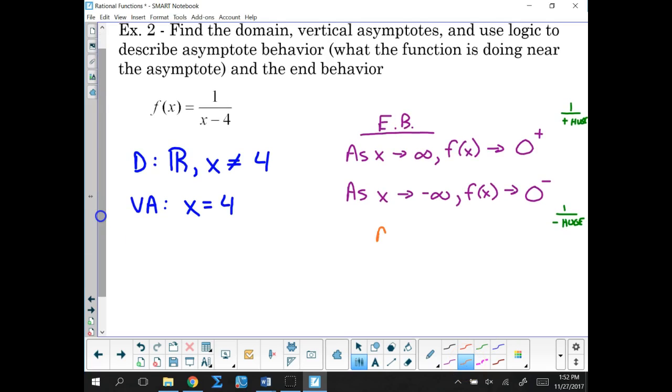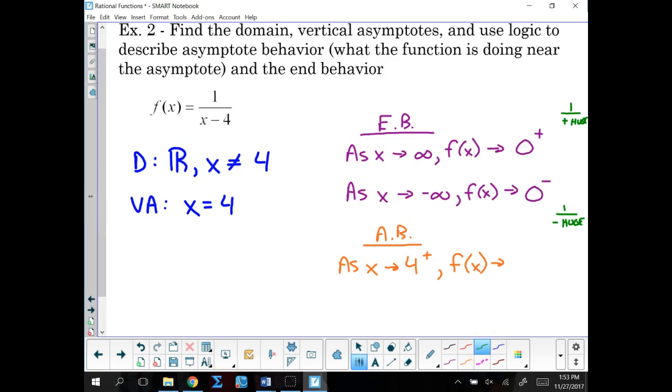As x goes to 4 from the right, my function is going to go to, well, here now, that's going to be 1 divided by, if I'm on the right side of 4, like 4.1, right? 4.1 minus 4 is going to be 0.1, positive.